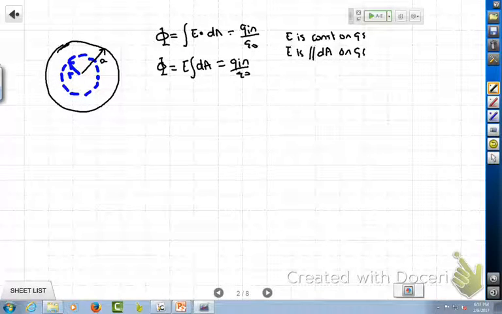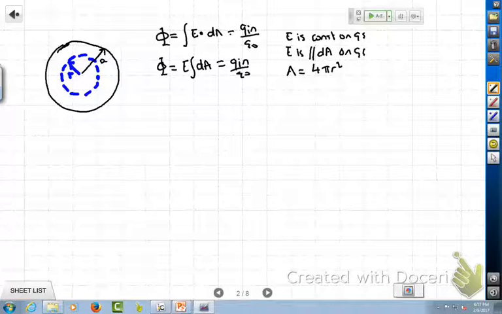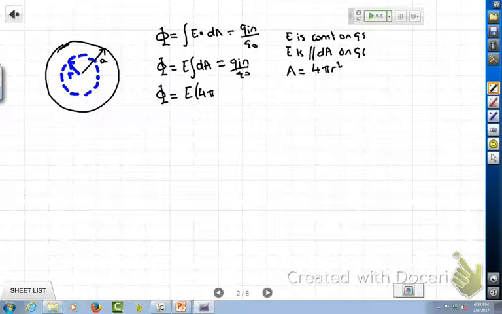And I know that my area is equal to 4 pi r squared. So my flux is equal to E times 4 pi r squared, which equals Q inside over epsilon naught.